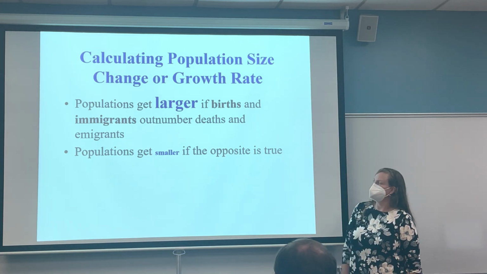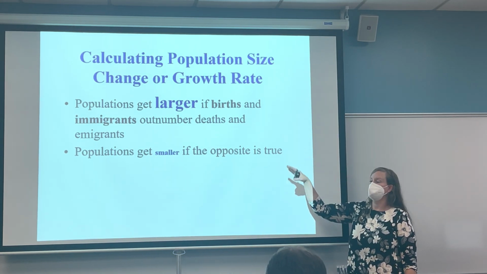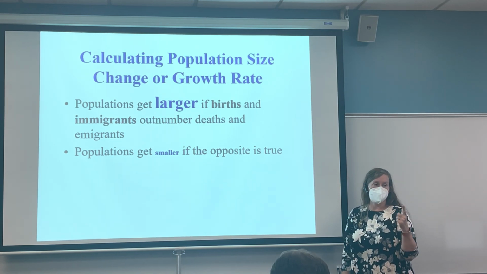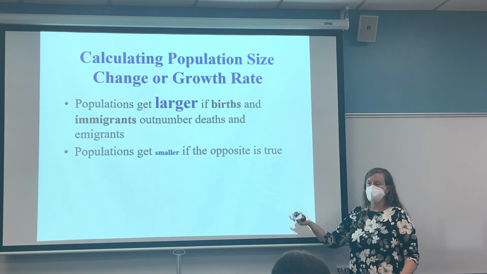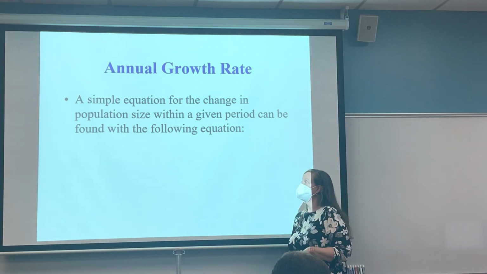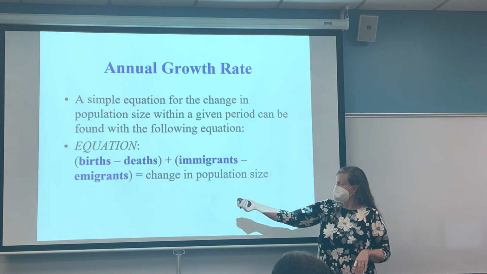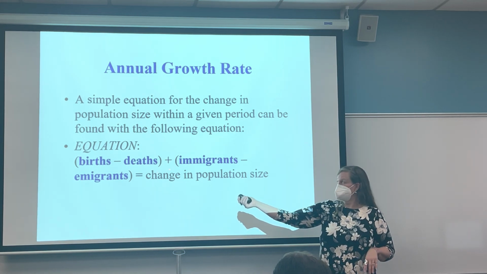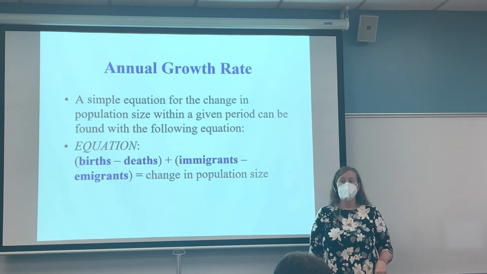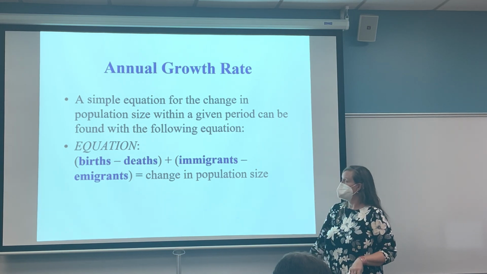So how do we calculate this? Really simple. We're just going to put all of these factors into a calculation. We're going to group the births and the immigrants, the deaths and the emigrants, and subtract one from the other. So the annual growth rate of a population is the births minus the deaths. We're going to group these together because, again, they are the most significant factor in the growth of a population.